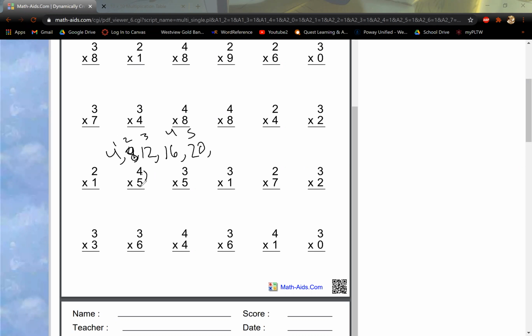If you already know how to count by fives, you can just go 5, 10, 15, 20. It's a lot simpler and quicker than going by fours and possibly messing up along the way. So that would be one example in which it's beneficial to understand which is the easiest way to look at the problem to solve the multiplication.